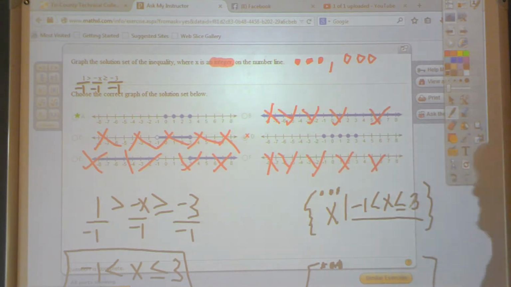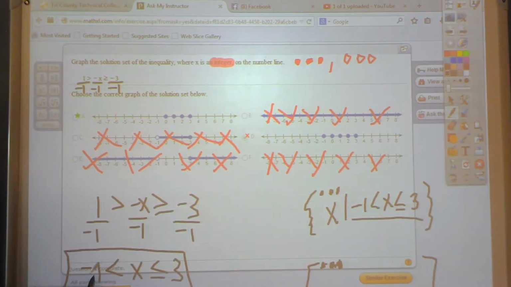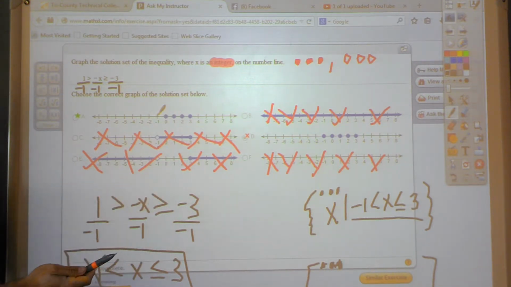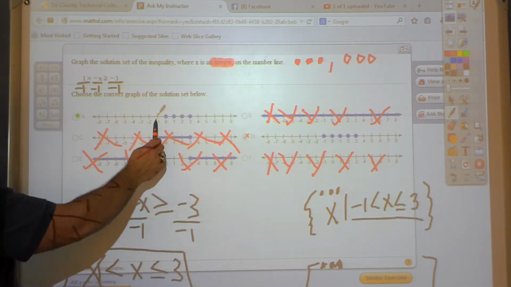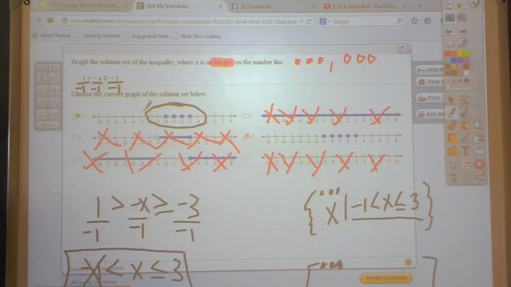It's A, because do I include -1? No, that one's not included. So it's -0.99999, but I can't include -0.99999 because that's a what? It's a decimal. So I have to go to the next whole number, which is 0. So that's your answer right there.